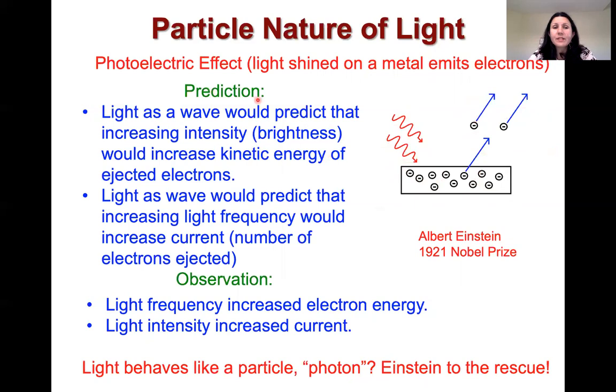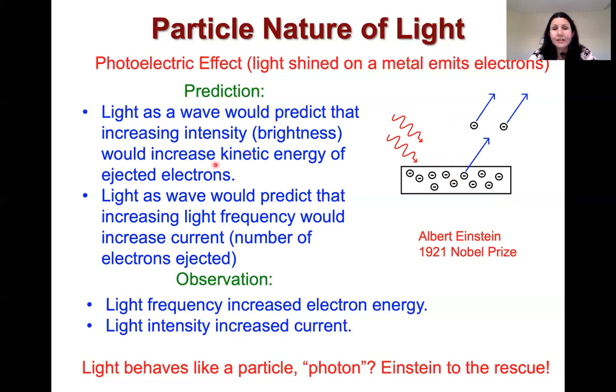So what was the prediction? When light was thought of as a wave, what could you predict? Well, increasing the intensity of light, or in other words, brightness, is something that has to do with energy. So if you increase the intensity of the brightness of light, that means there's more energy coming in, so the electrons that get knocked out should be more energetic.